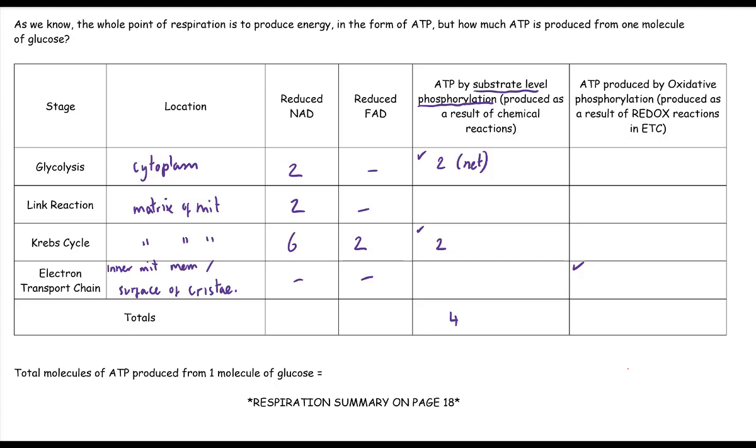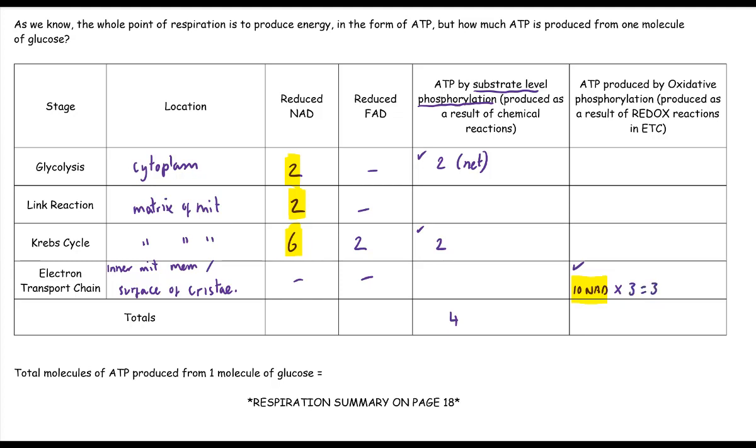The next thing we've got to do is work out how many ATPs we were able to make from all these NADs and FADs in the electron transport chain. So altogether, we have got 10 NADH, or 10 reduced NAD, which comes from adding those numbers up. And remember, each NAD produces 3 ATP.